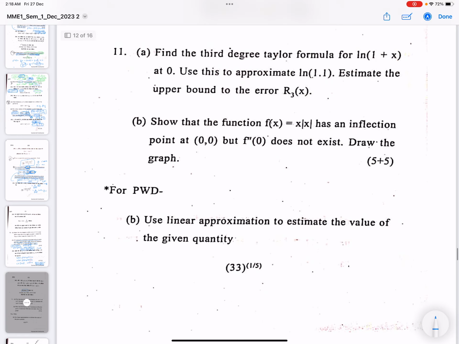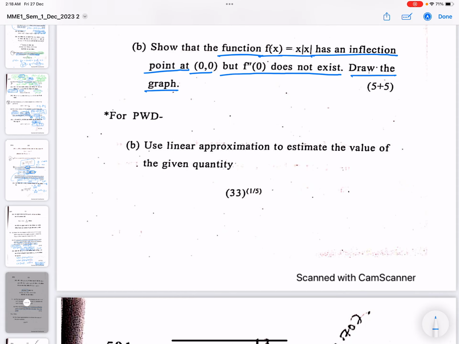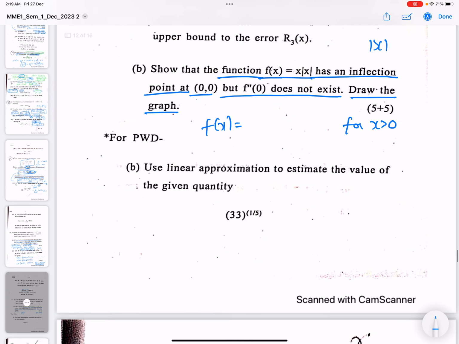Show that the function f(x) equals x into mod x has an inflection point at (0, 0), but f double dash does not exist. Draw the graph. Okay, now the function f(x): for x greater than 0, mod x can be written as x only, so the function would become x square.